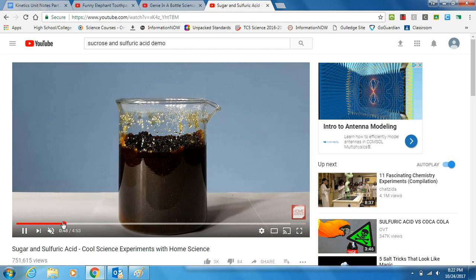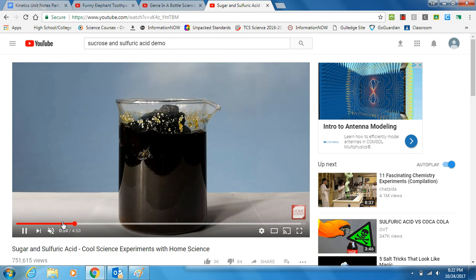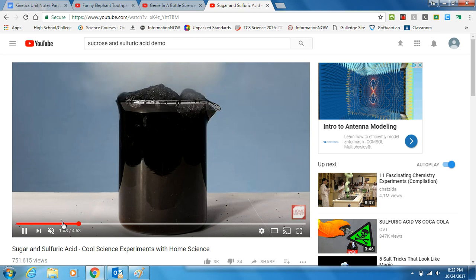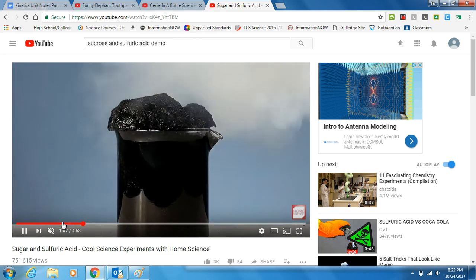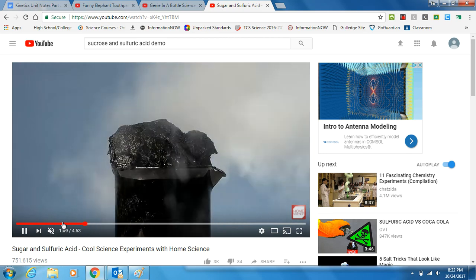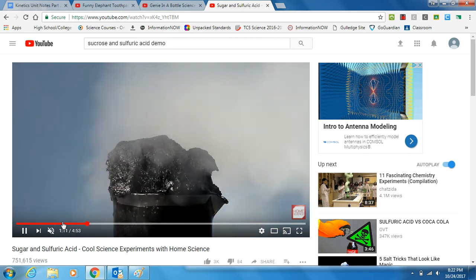What we actually see happening is this really cool reaction where all it is, is the sugar being broken down to make carbon. This black stuff that you see being produced here is basically carbon, graphite. It also is extremely exothermic.